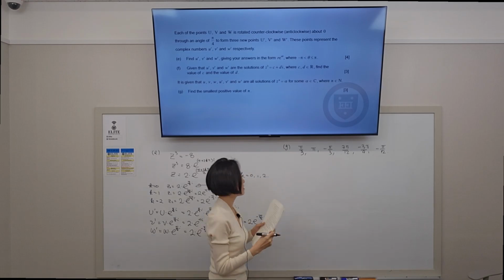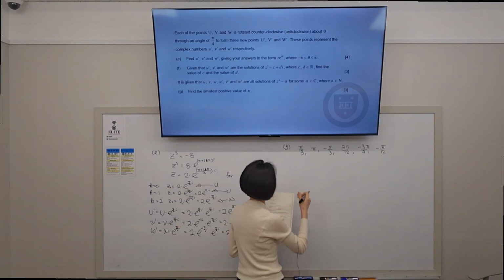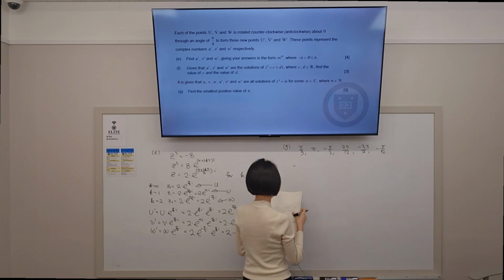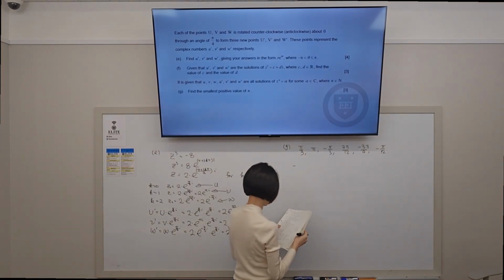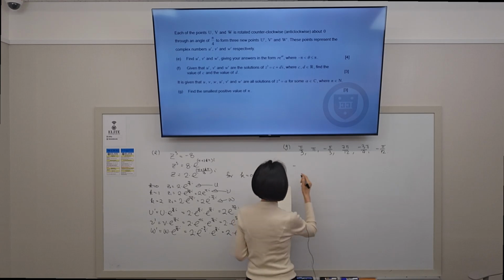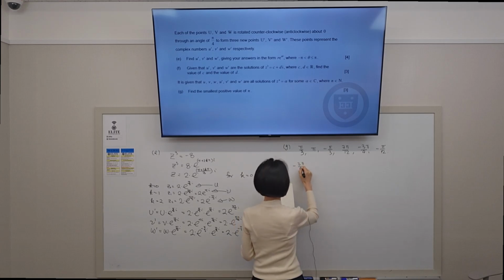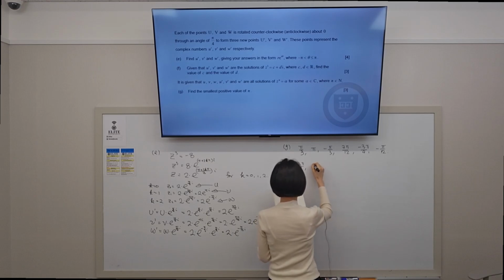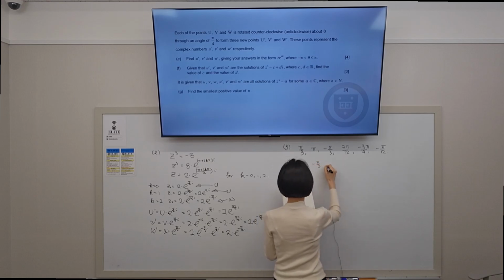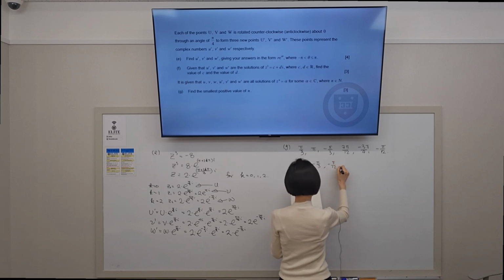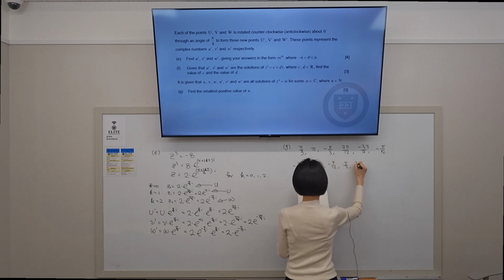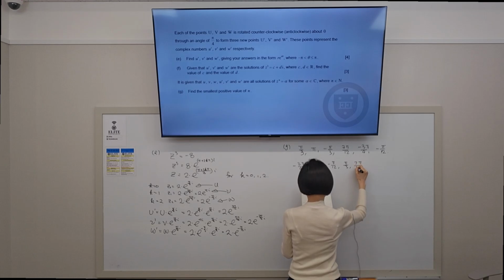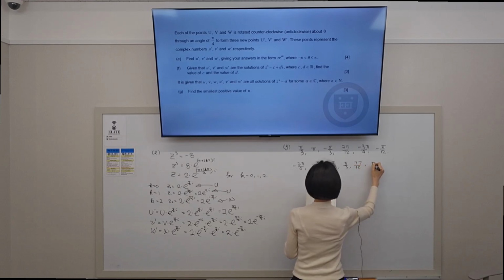If we rewrite it in ascending order, then you get negative 3 pi over 4, negative pi over 3, negative pi over 12, pi over 3, 7 pi over 12, pi.